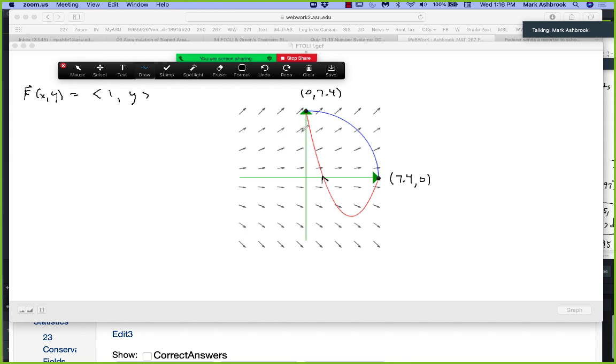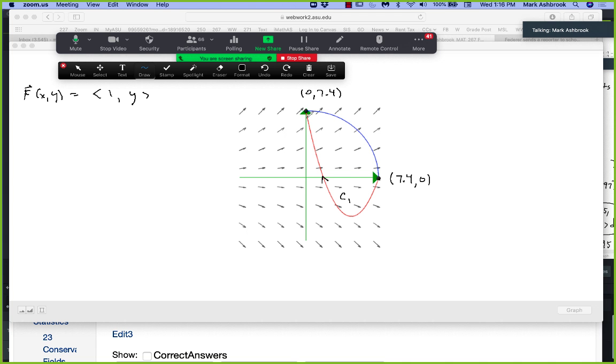This is like a parabolic path, and we'll call it C1. So if I want the line integral from 7.4, 0 to 0, 7.4, that would be the integral over C1 of F. And so C1, say, is r1.